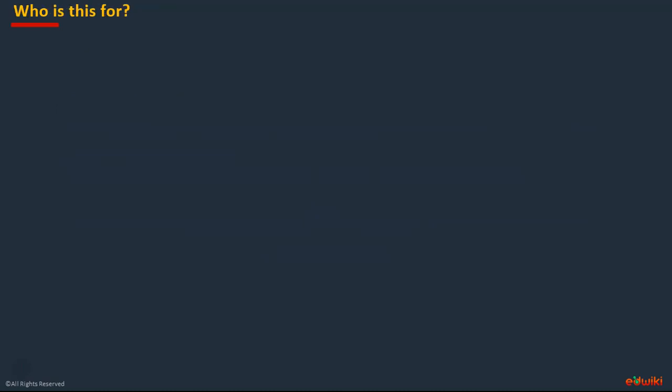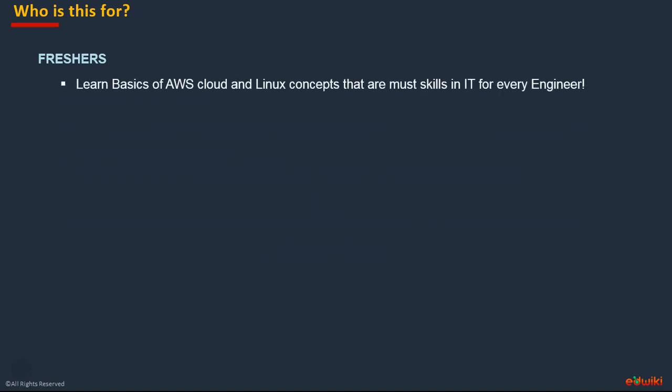Now coming back to this specific course, who is this course useful for? As I said, this course is designed exclusively for freshers who would like to get started with their career in IT and who are interested to learn the basics of AWS and Linux foundation level concepts, which are a must skill for every IT engineer, irrespective of whether you are working in a DevOps role, an analytics role, a developer role or an administrator role.